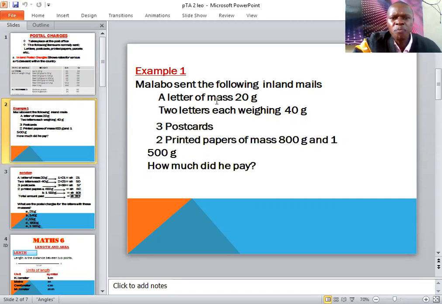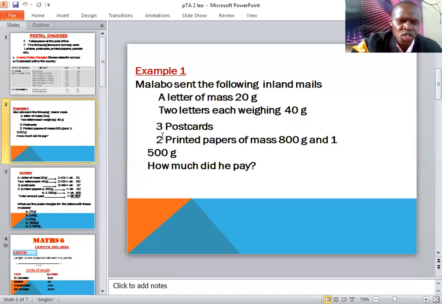A letter of mass 20 grams, that is 1 letter. 2 letters, each weighing 40 grams. 3 postcards. 2 printed papers of mass 200 grams and 1,500 grams. Now the question comes here as simple as this. How much did he pay?